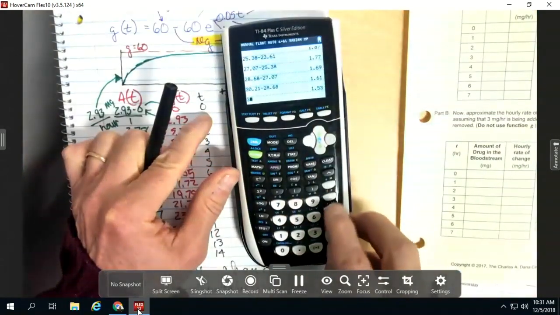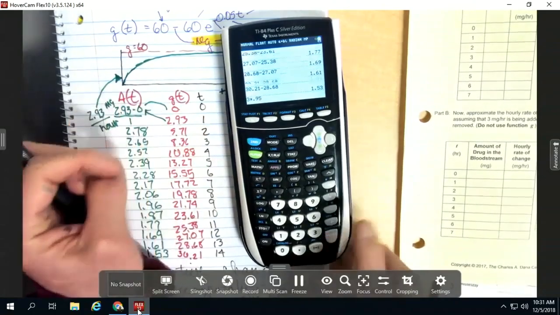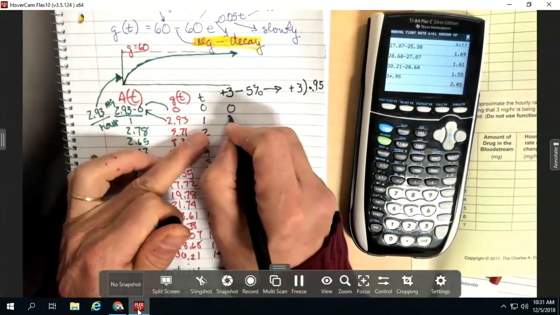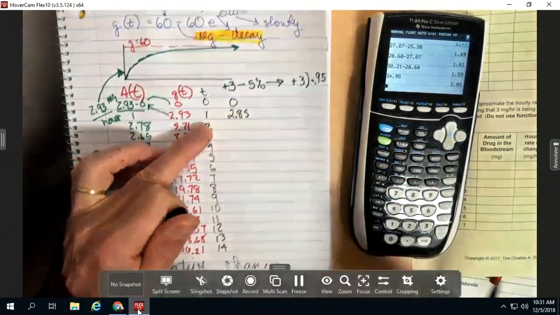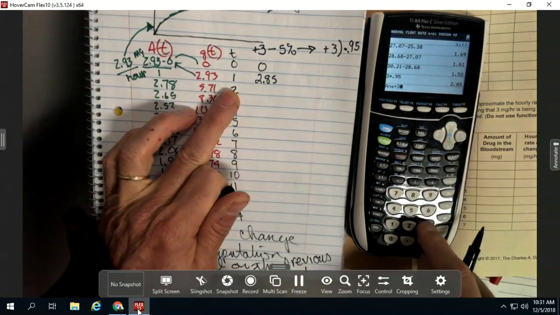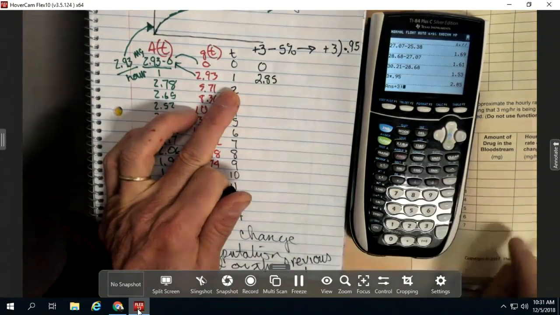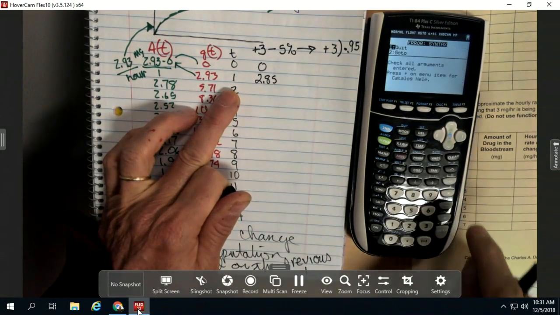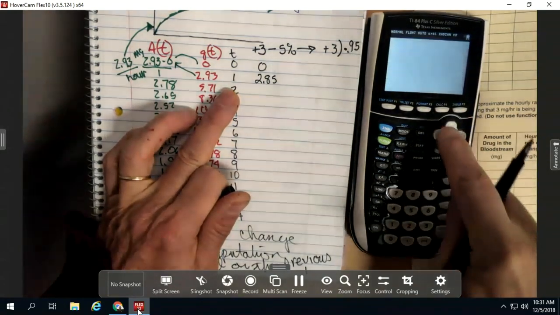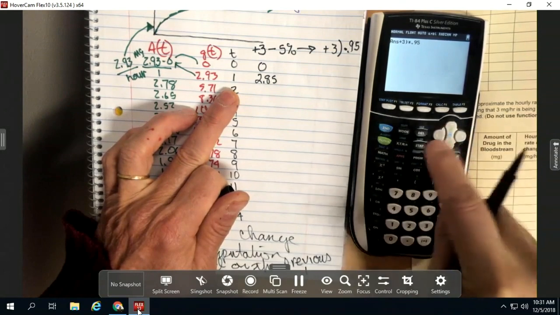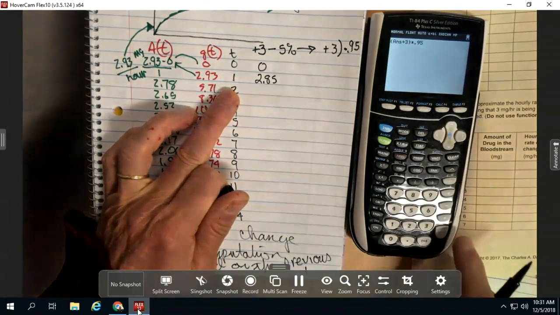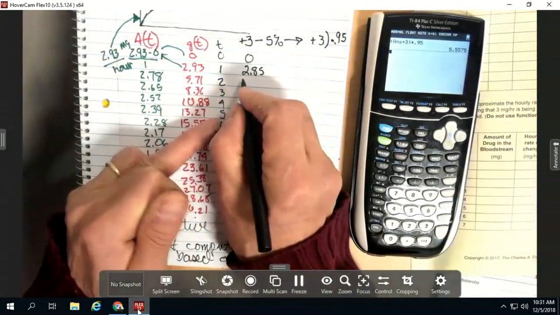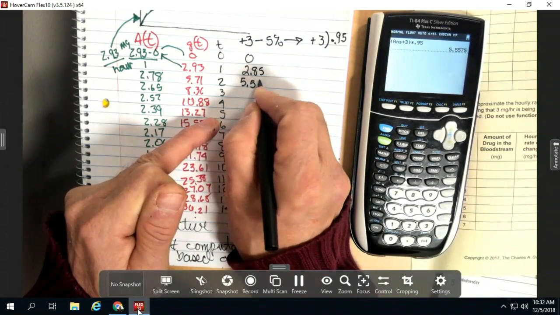So 3 times 0.95 is, so at 0 we have 0. After 1 hour we have 2.85. Plus 3, close parentheses, times 0.95. Oops. I have to put in the parentheses first. So, there we go. And we get 5.56.